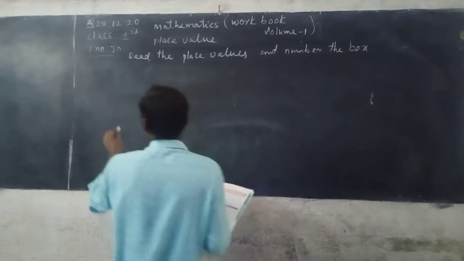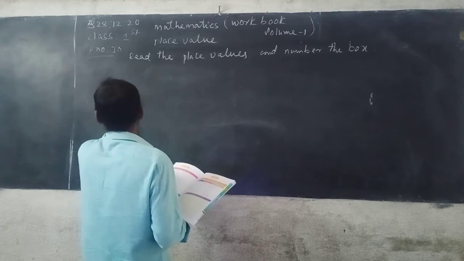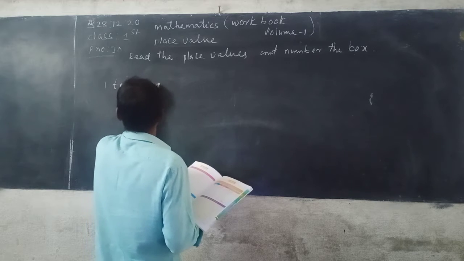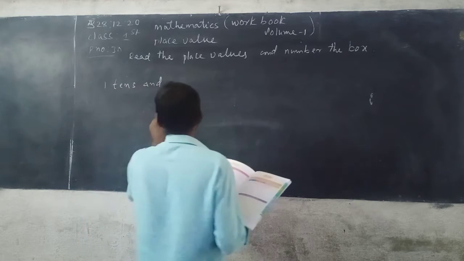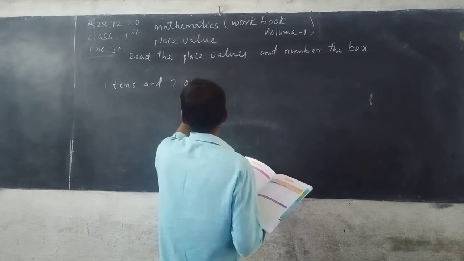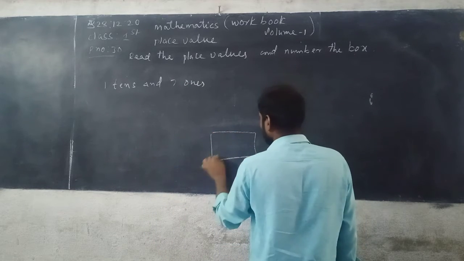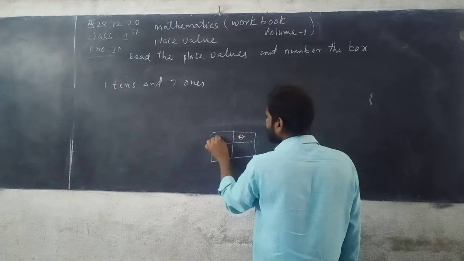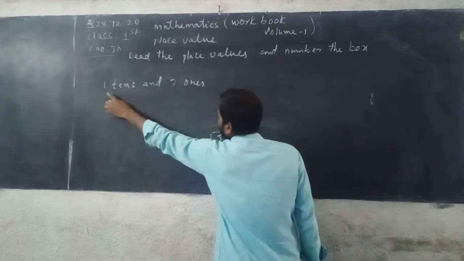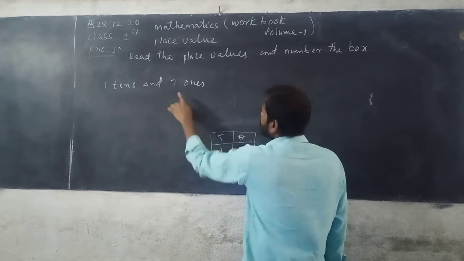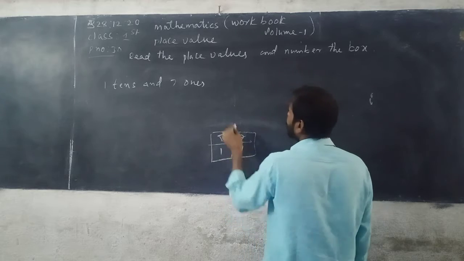See here, first one, 1 tens and 7 ones. So you can write it here. This is ones place, this is tens place. 1 is in tens place, 7 is in ones place, then 17.